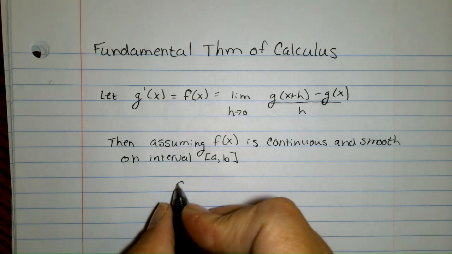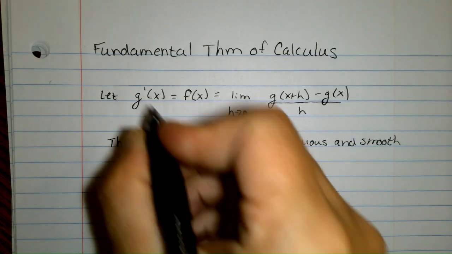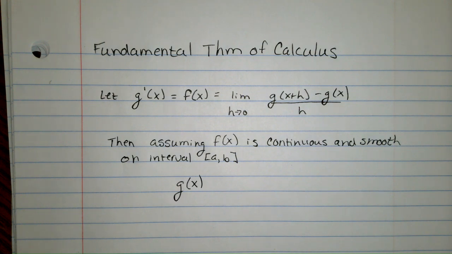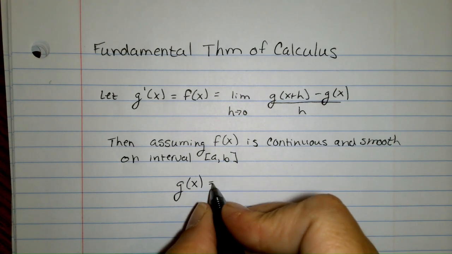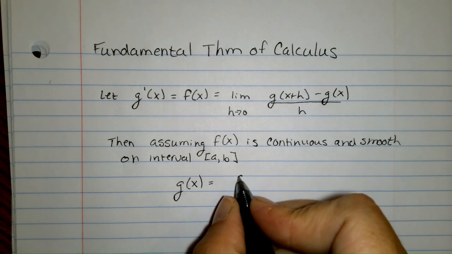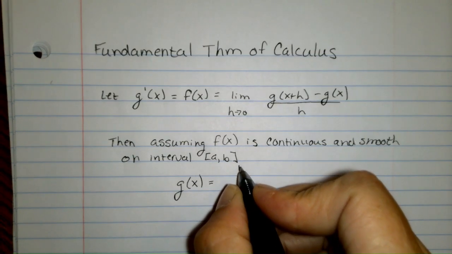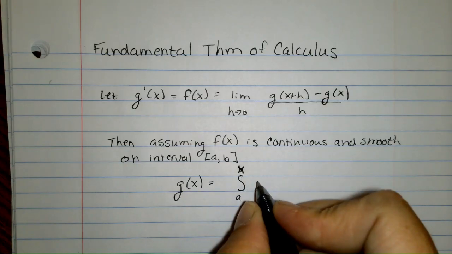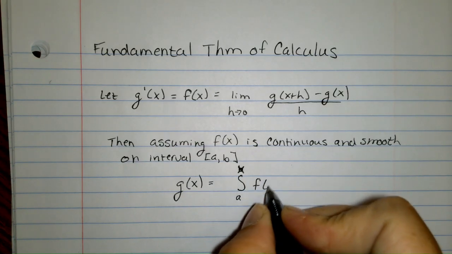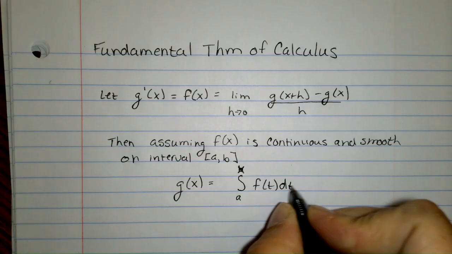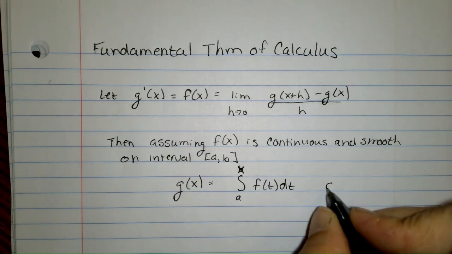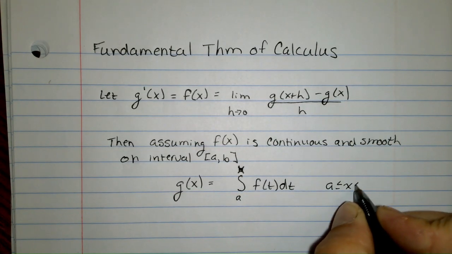So g of x, notice I've lost the prime sign here, right? G of x is going to be the integral from a to x of f of t dt, for a is less than or equal to x, which is less than or equal to b.